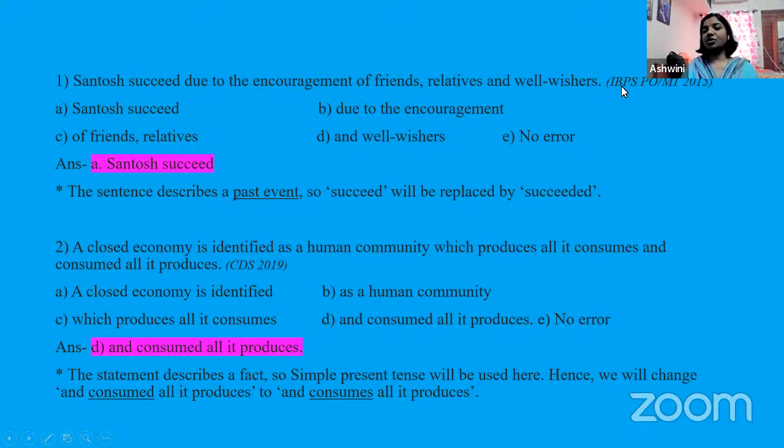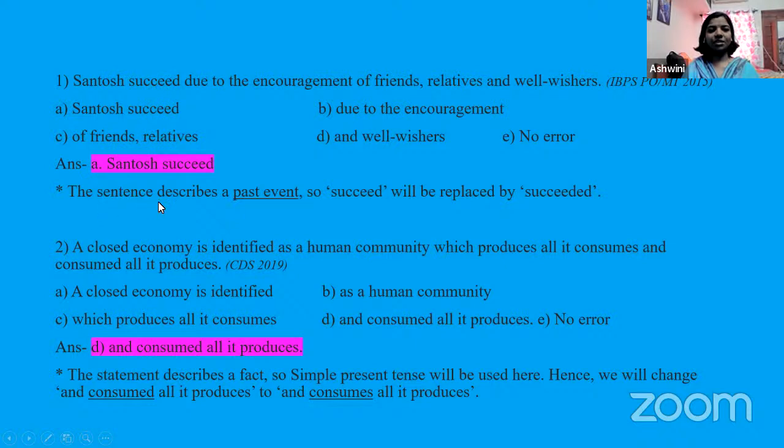This question is from the IBPS PO exam in 2015. Again, A, B, C, D, E are the options for you, and you have to choose which part of this particular sentence includes an error. So here, right at the start, "Santosh succeed", this is the tense mistake.